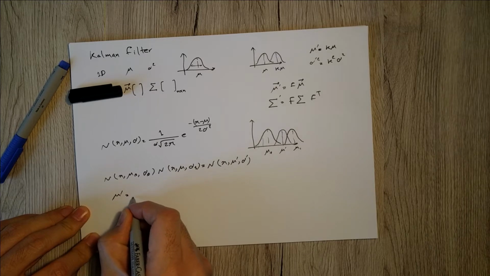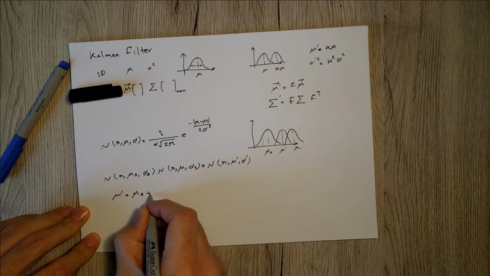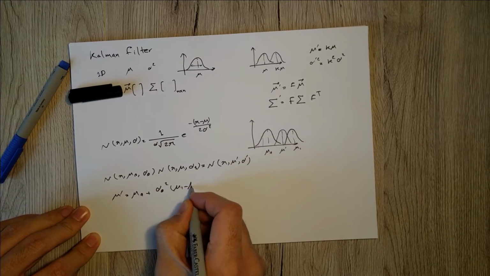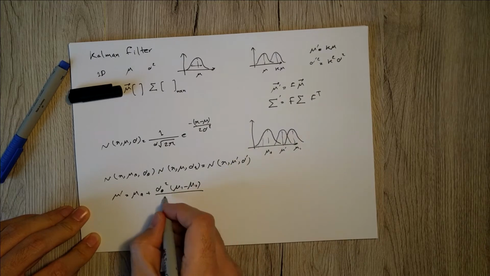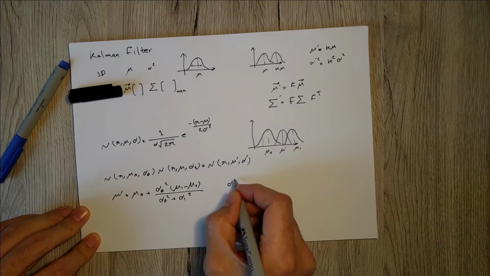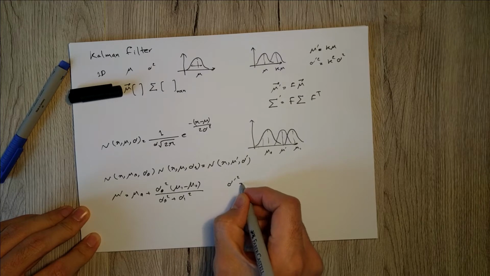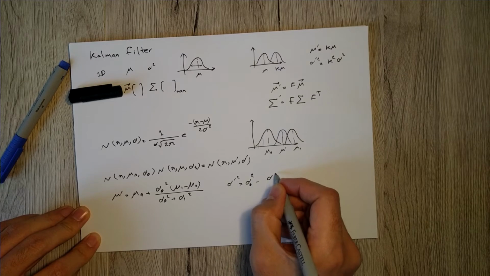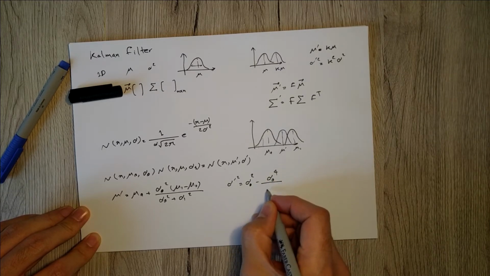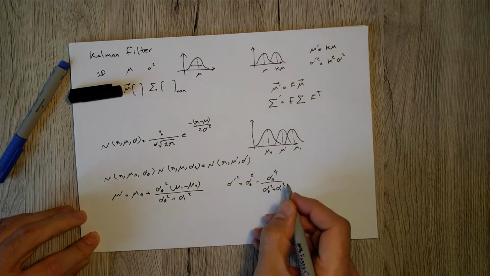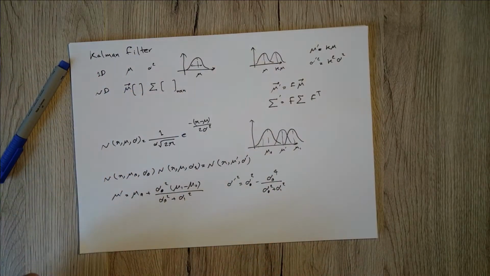The new mean is gonna be the old mean plus something times the difference of the means, and the variance is going to be as follows. Okay, so this part is pretty simple.